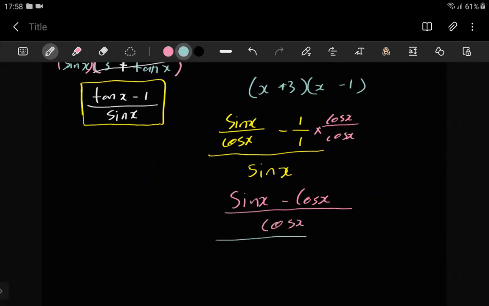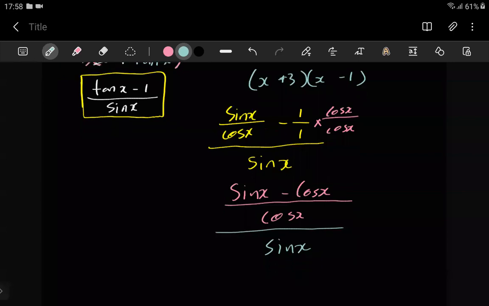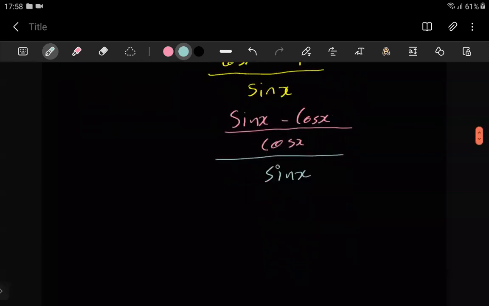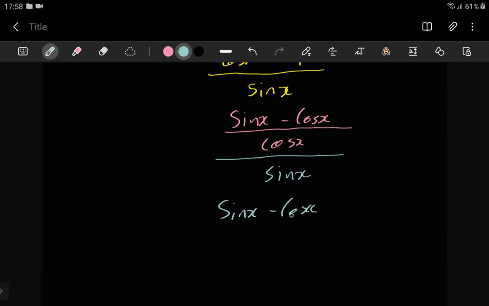And then that is over sine x. So unfortunately, it doesn't look like it's going anywhere. But then the top part, since we're dividing it by sine x, the one thing that we could rewrite it as is sine x minus cos x at the top, over cos x.